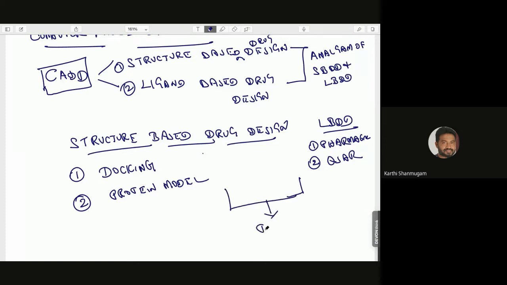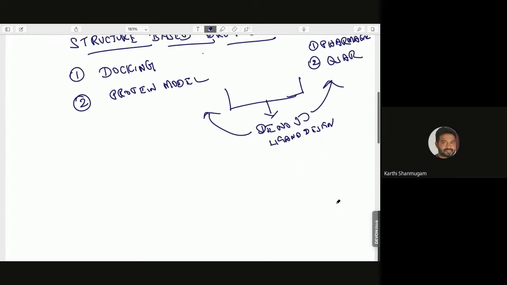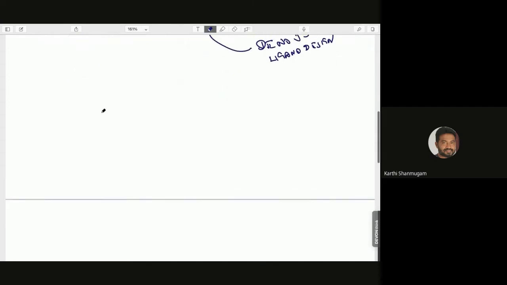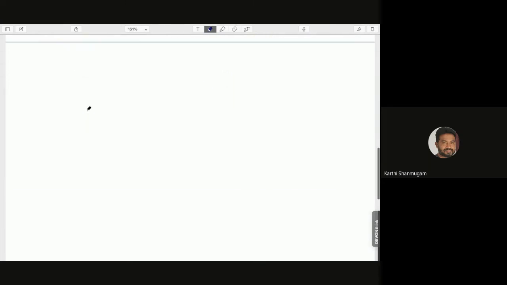If you take de novo ligand design, sometimes we can call this structure based drug design, but normally it uses both the concepts of structure based drug design and ligand based drug design. Okay, these are some examples of structure based drug design, ligand based drug design, and de novo, the amalgam of structure based and ligand based drug design, right? So coming to structure based drug designing, how does it differ from ligand based drug design?